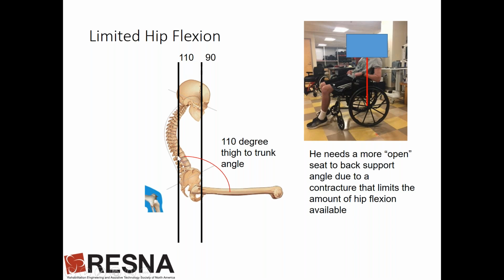So from that position of comfort to the thigh, that back angle is 110 degrees. Somebody can have limited flexion and they can't tolerate being upright. So what you need to do is open the back angle so they're not falling forward. Let me go back to that lady with the kyphosis.